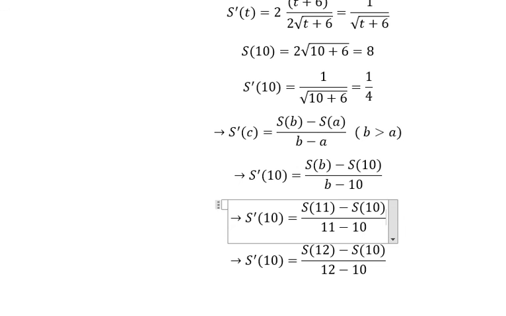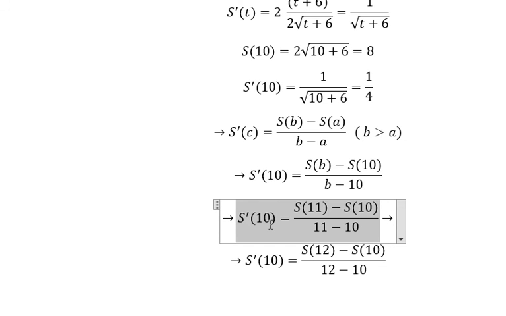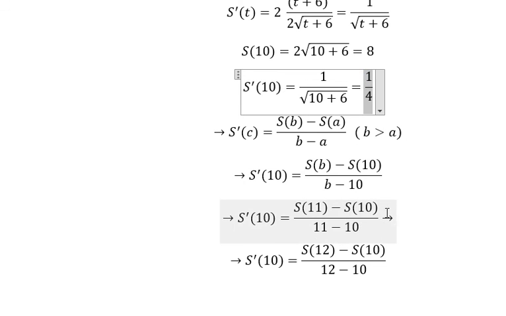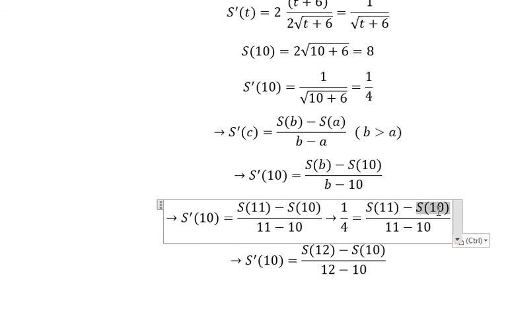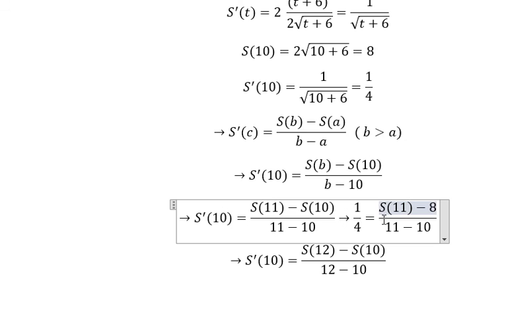So in this one, we know the value h of 10, which is about 8, and the first derivative h' of 10, that is about 1/4. Now we can find h of 11.